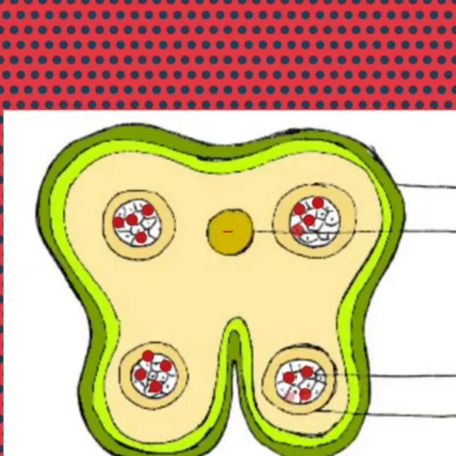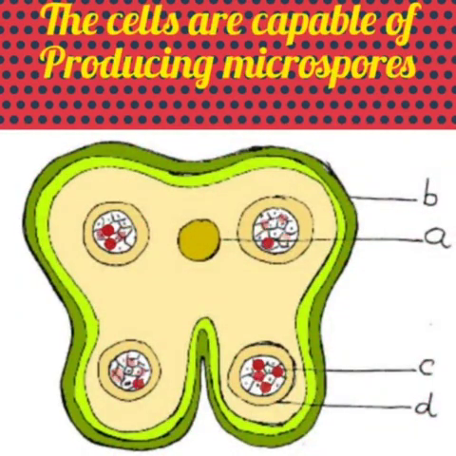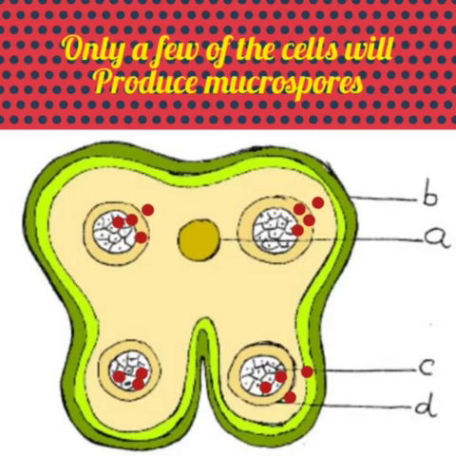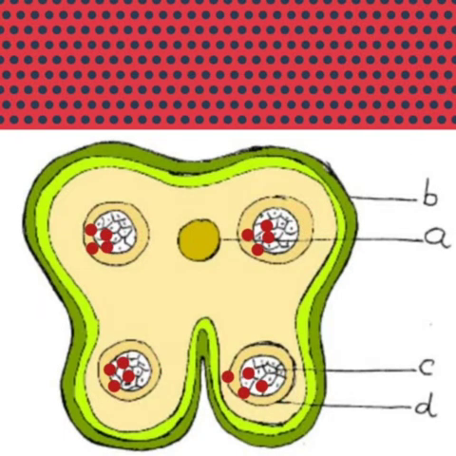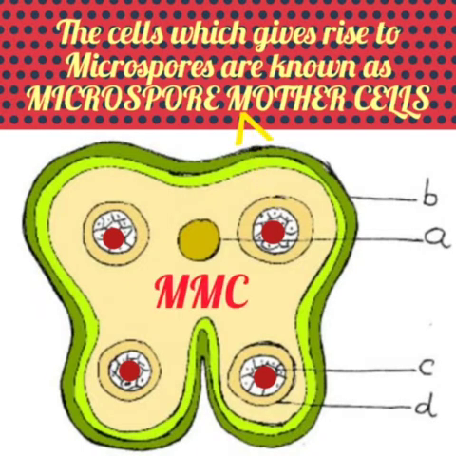Now, all these cells inside the pollen sac are capable of producing microspores. But only a few of them give rise to microspores. The rest of them get degenerated. The cells which give rise to microspores are known as microspore mother cells.